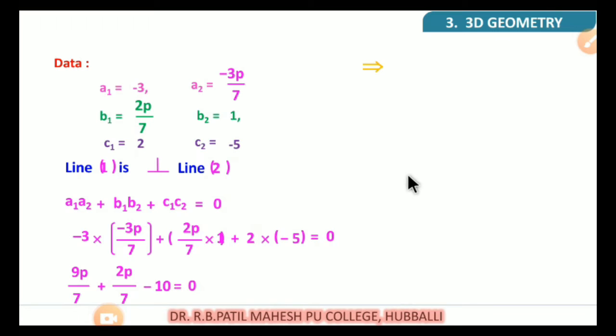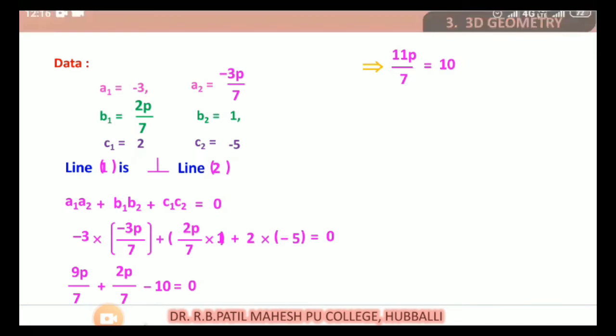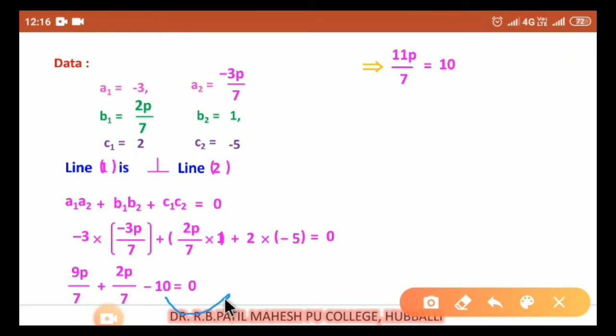Now for the simplification, because the denominators are the same for these two terms, we can add both of them. So it becomes 9p plus 2p is 11p by 7, equal to 10, because we can transfer this minus 10 to the right hand side. So it becomes plus 10.